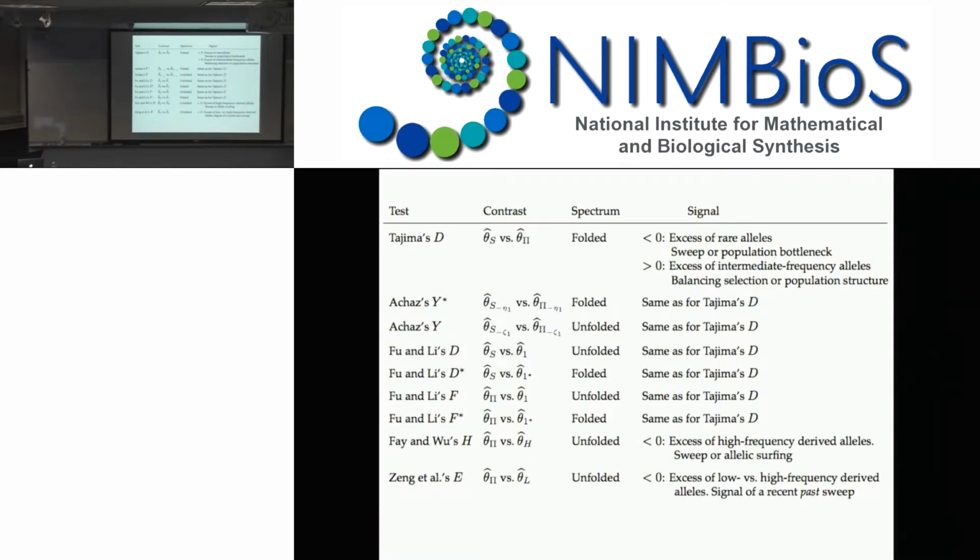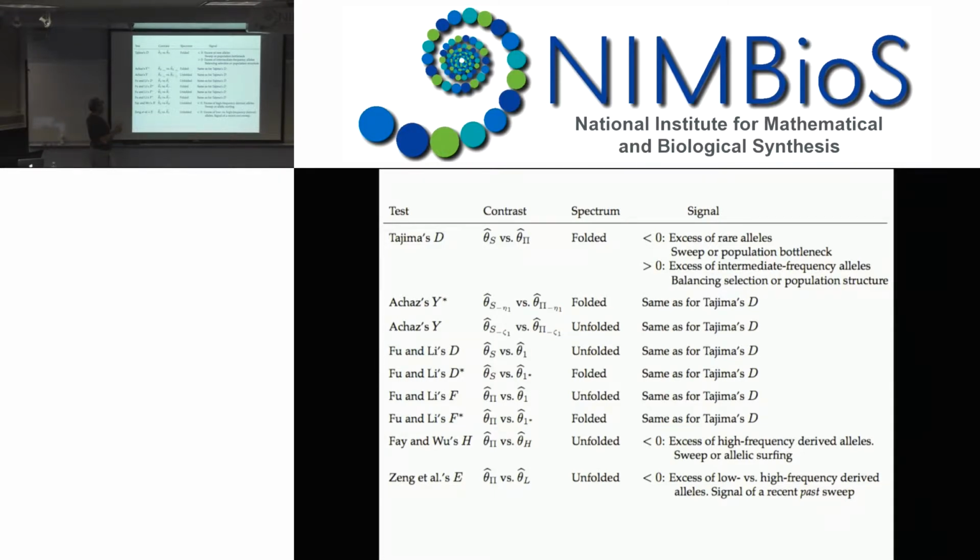So here are the standard site frequency tests. And as you can see, and I will tell you in a second how you can make your own site frequency tests, you can have Jill's site frequency tests or Bob's site frequency tests. So Tajima's D test, you see that it requires folded or unfolded. You see a lot of the tests require simply folded.